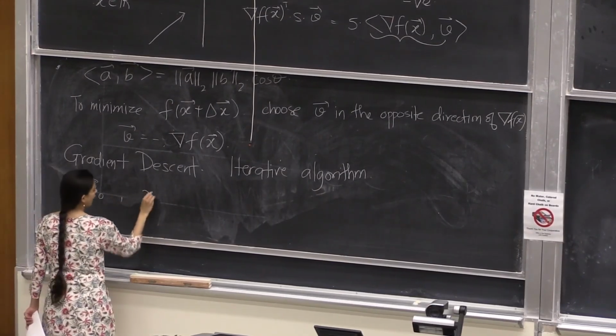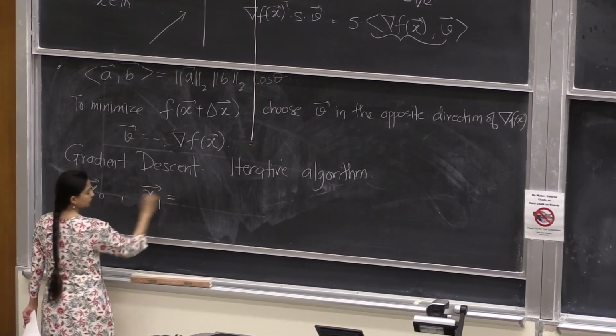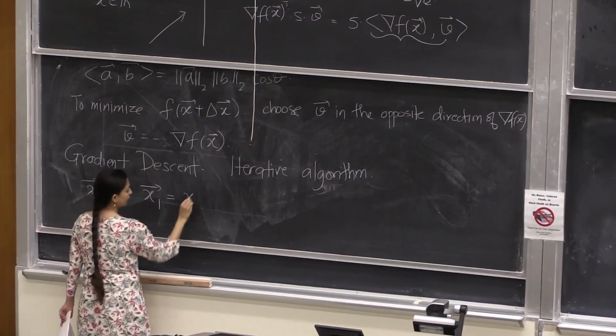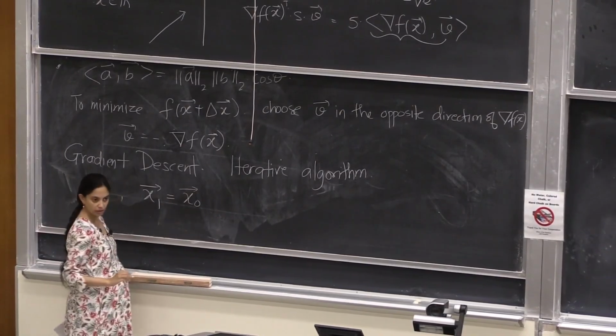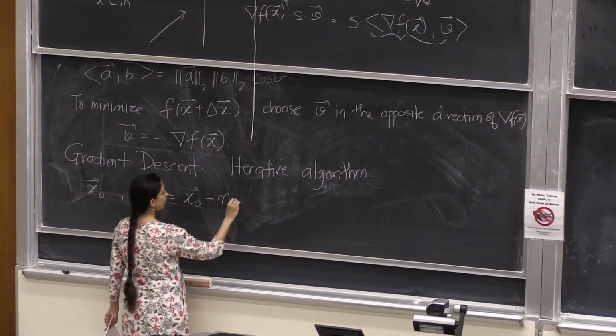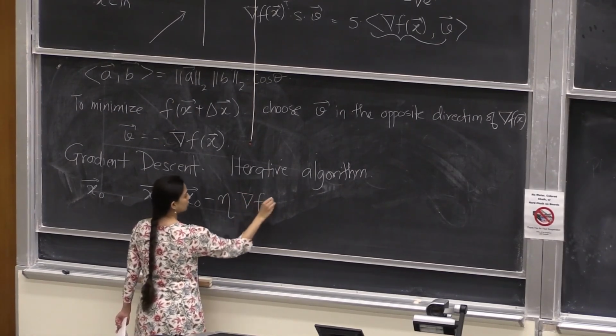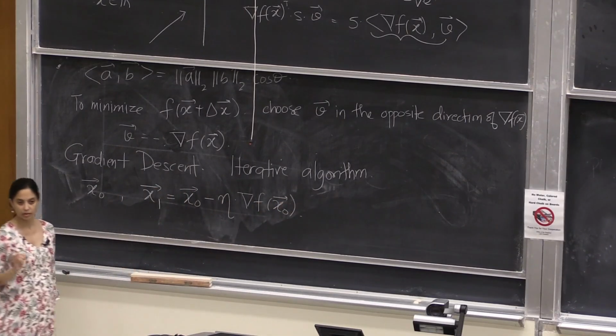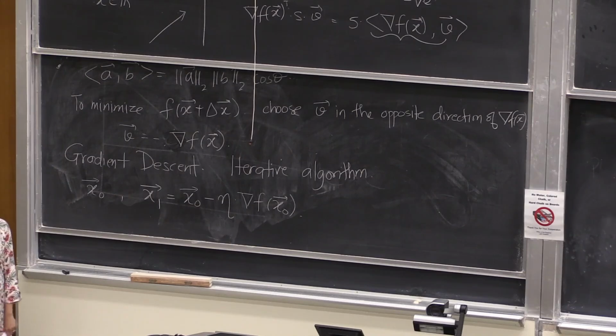Then I want to find my x1. How do I find my x1? Well, I take where I am at x0, and then I'm going to move a step size eta in the direction of the gradient at the point that I was just at.